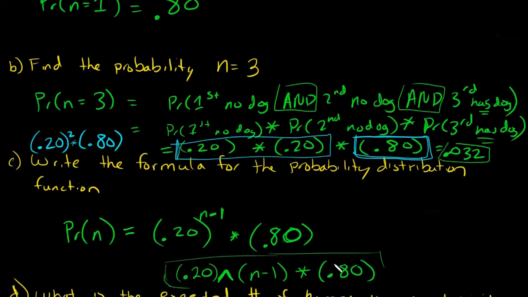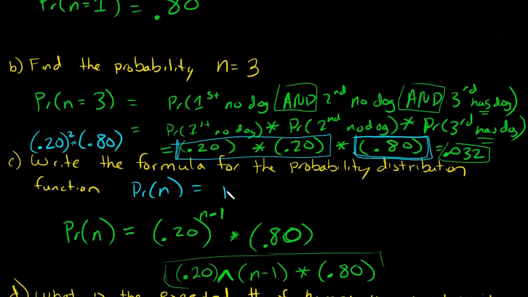Okay. So in general, the probability distribution function for a geometric distribution is this. You can look this up in your textbook, or just Google the geometric probability distribution function.